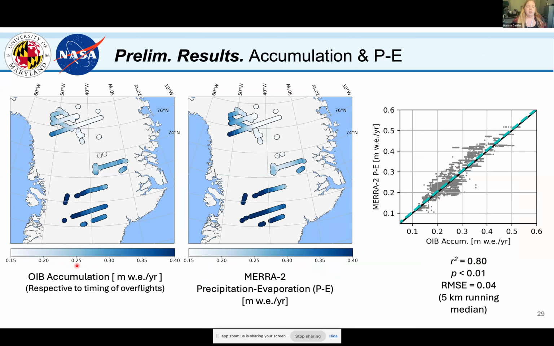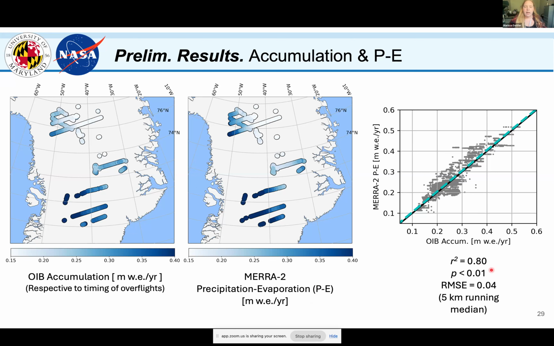And so on the left is what I call OIB accumulation. This is the new snow accumulation value that we've calculated, and then I directly compare to MERRA-2's precipitation minus evaporation from the corresponding years that these refer to, and plot that up, and we can see that these are very related.